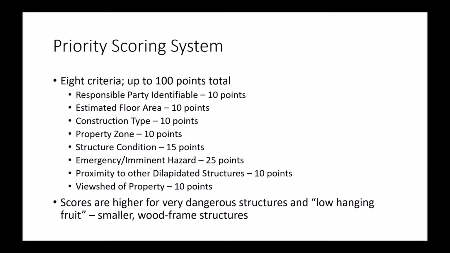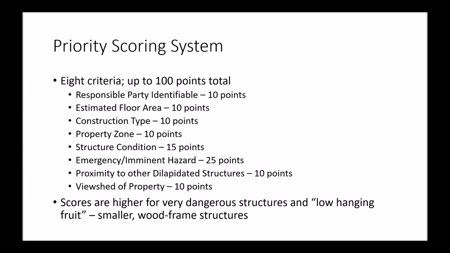But just to explain what those criteria are, when we're saying responsible party identifiable, that means that we either have a good idea that we can get the responsible owner of this property, or if it's been abandoned maybe 5-6 years and we're pretty sure it's going up for tax sales, or it's in the middle of a tax sale and we're not sure who owns it right now because it's in what we call limbo between the previous owner and the new owner. It can vary up to 10 points.